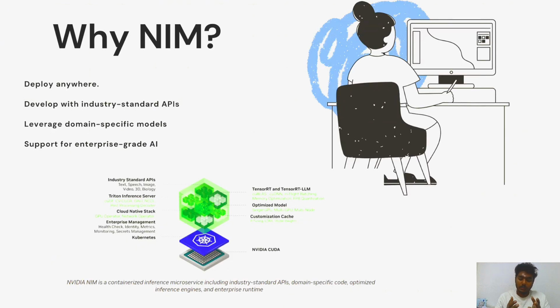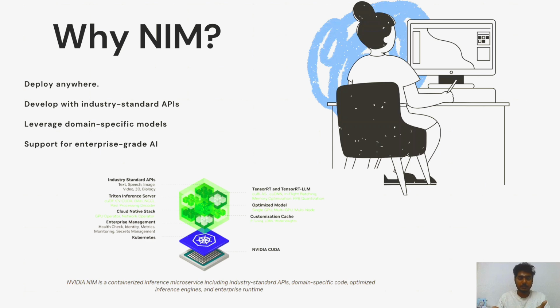There are other options besides NIM. For example, we have Ollama, where we can deploy LLM models on our local servers or local system. So what makes Nvidia NIM more special? When we deploy Nvidia NIM, we can deploy it anywhere: in our own data centers, in our own workspace, on local systems, on AWS servers, or anywhere we have the compatible hardware.